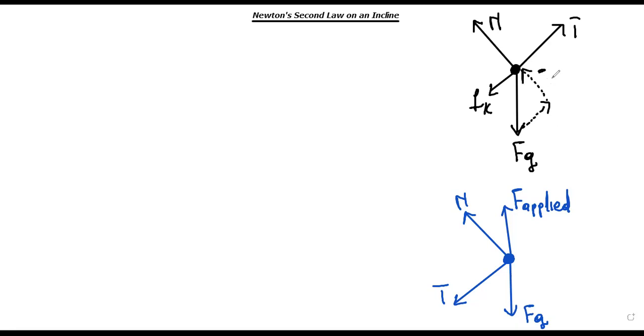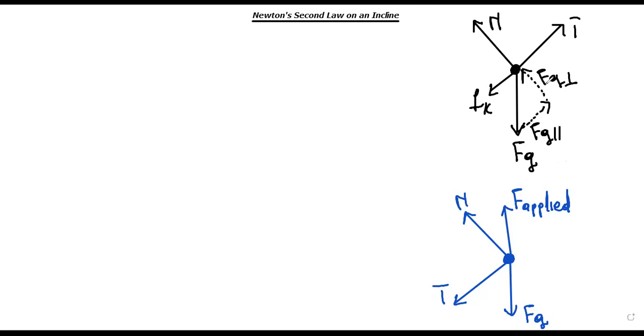So here we have a component of gravity that is perpendicular to the surface. Now we also have the component of the gravitational force, which is parallel to the surface. And this is what I have to warn you. In your calculations on an inclined plane, you never talk about the gravitational force itself.